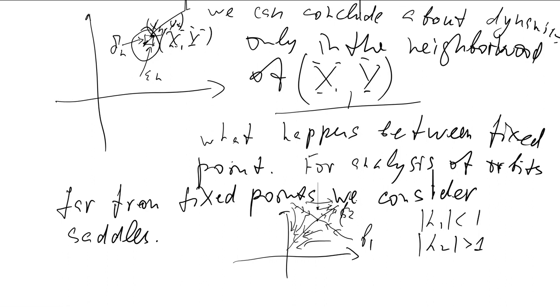So B2 is a straight line for a linear system. For a nonlinear system, it is not necessarily a straight line. The tangent to B2 is the eigenvector corresponding to eigenvalue lambda 2.